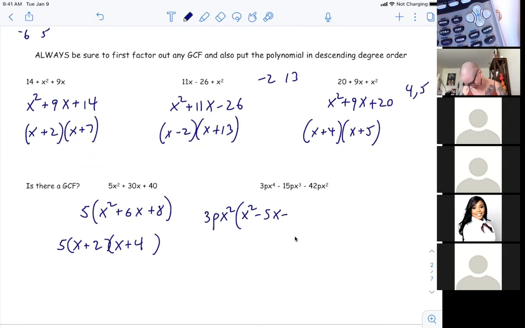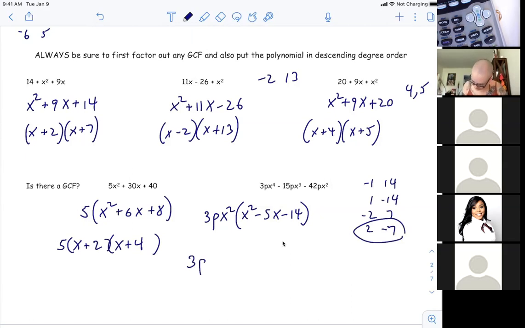And then minus 14 would bring back this last term. And you find two numbers that multiply out to negative 14 and simultaneously add up to minus 5. Yep, there they are.